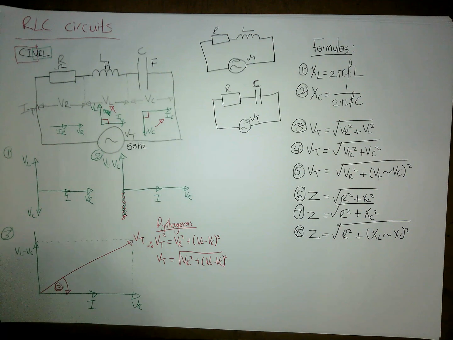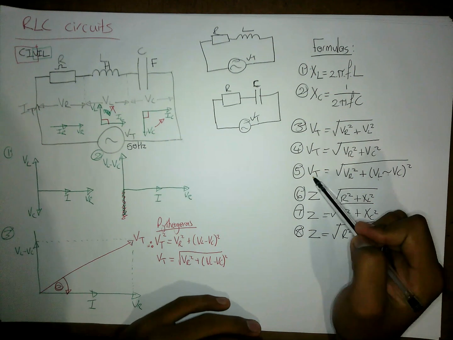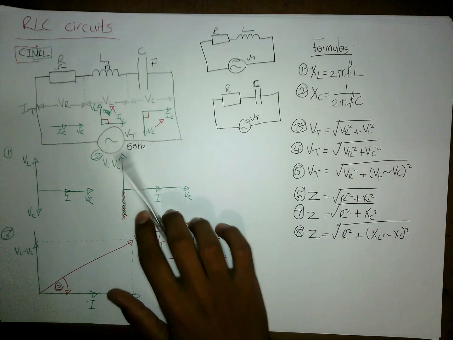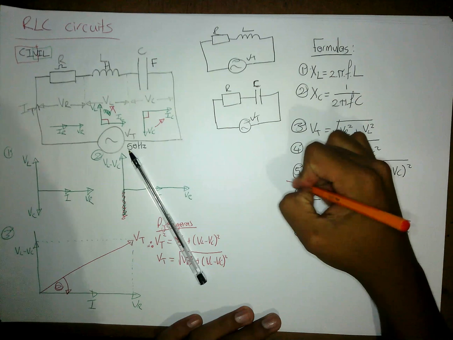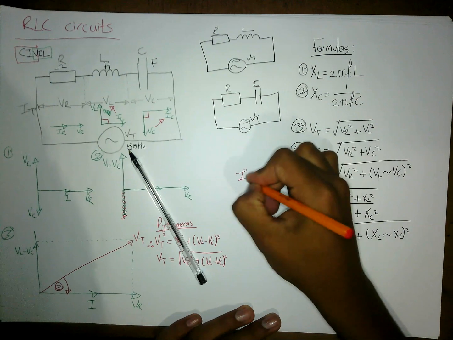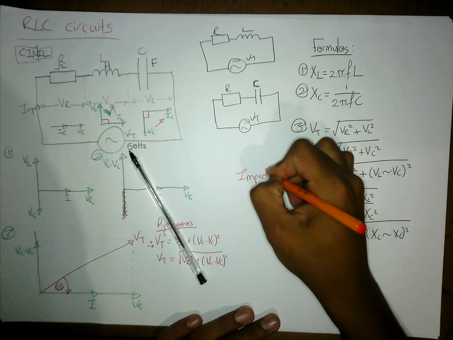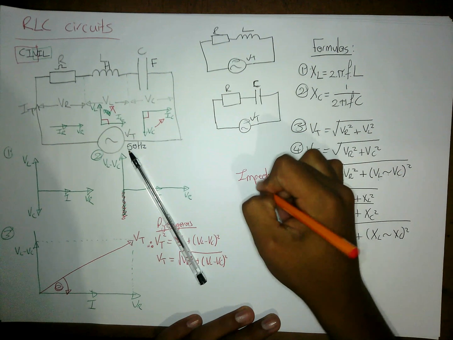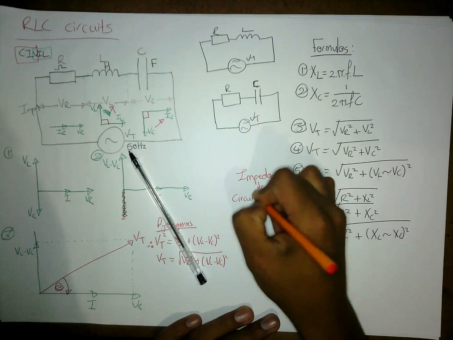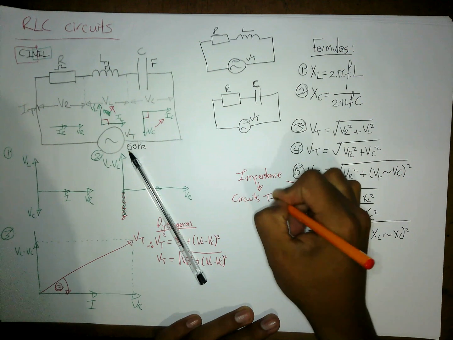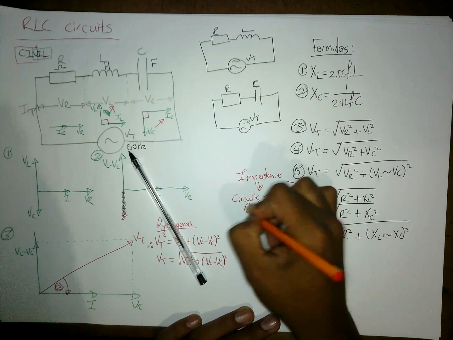So now we have our voltage, we have our total voltage. Let me use a red pen. We have our impedance, this is the circuit total resistance.